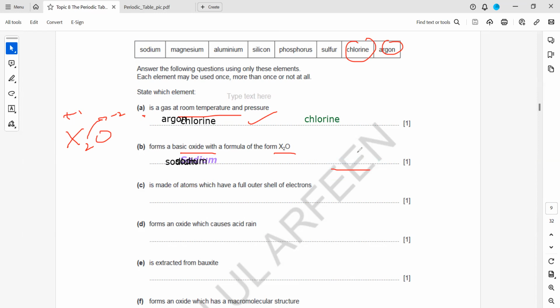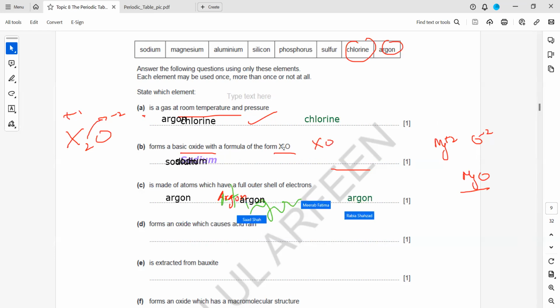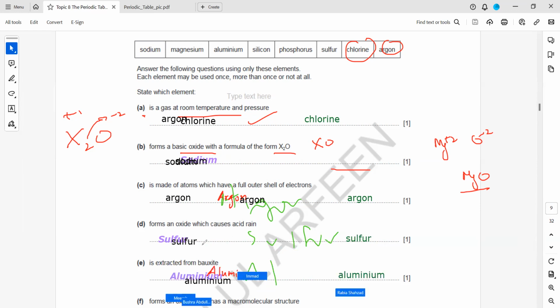Why can you not mention magnesium? Because magnesium is +2 and oxygen is -2. So magnesium oxide will be MgO. So the formula of magnesium oxide will be XO. But this is X2O, so it means group 1. Atoms which have a full outer shell, so that's argon. Form oxide which causes acid rain, so sulfur. And extracted from bauxite, so that is aluminium.